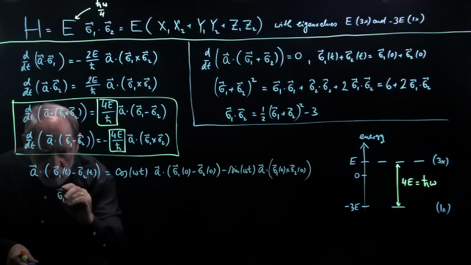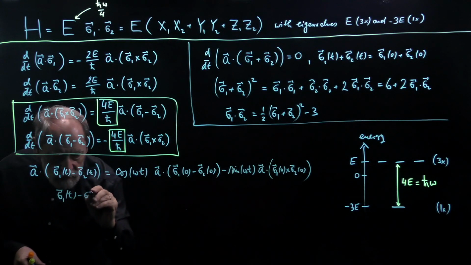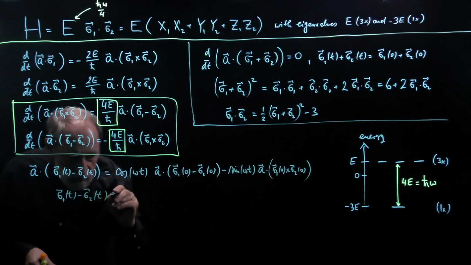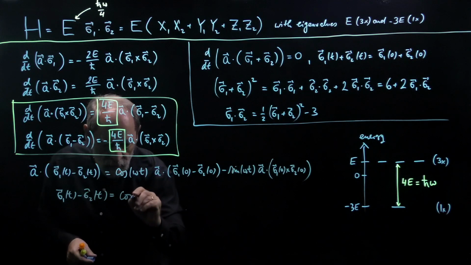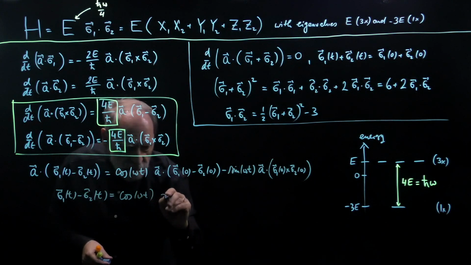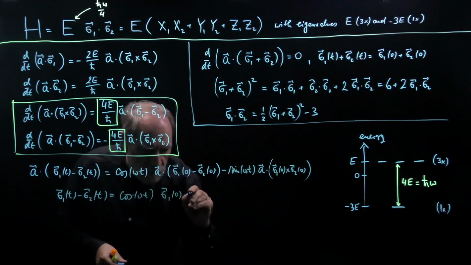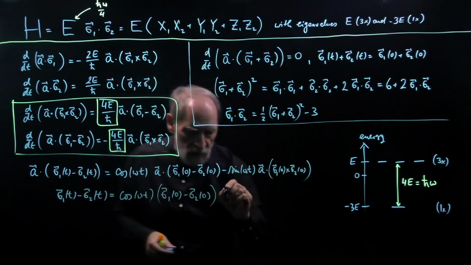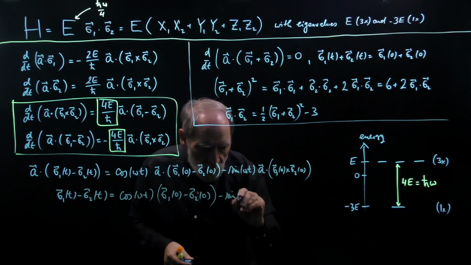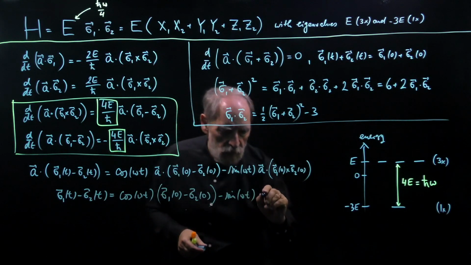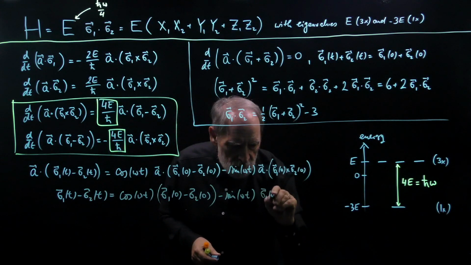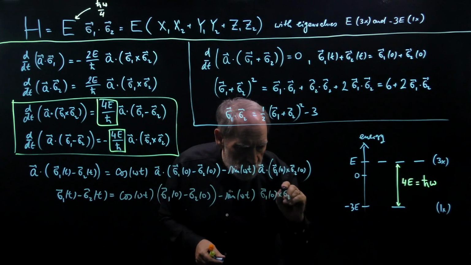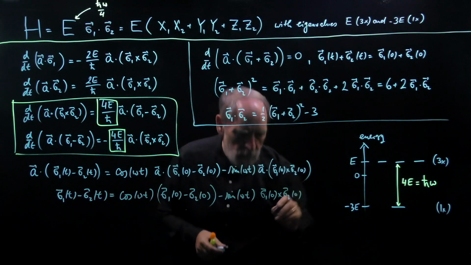So we have sigma 1 at t minus sigma 2 at t equals the cosine omega t of sigma 1 at 0 minus sigma 2 at 0, and a negative sine omega t, and here we have sigma 1 at 0 cross sigma 2 at 0.